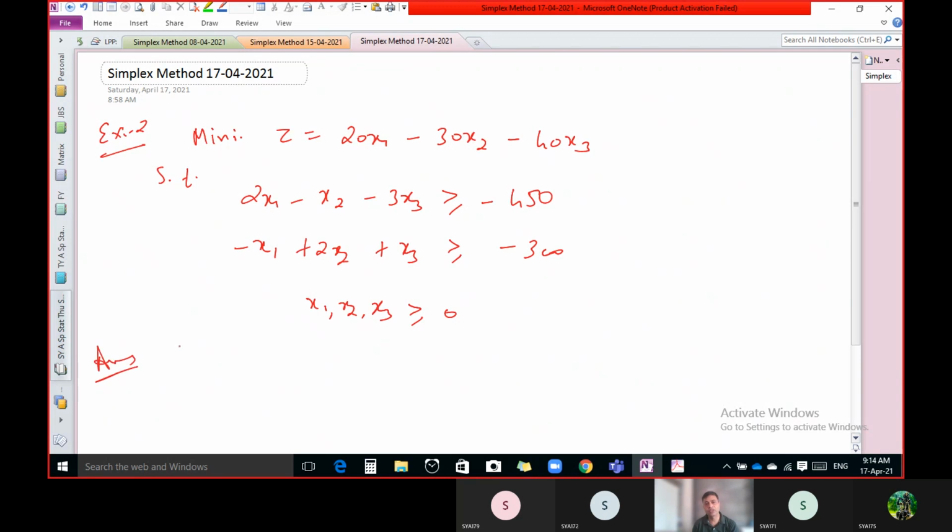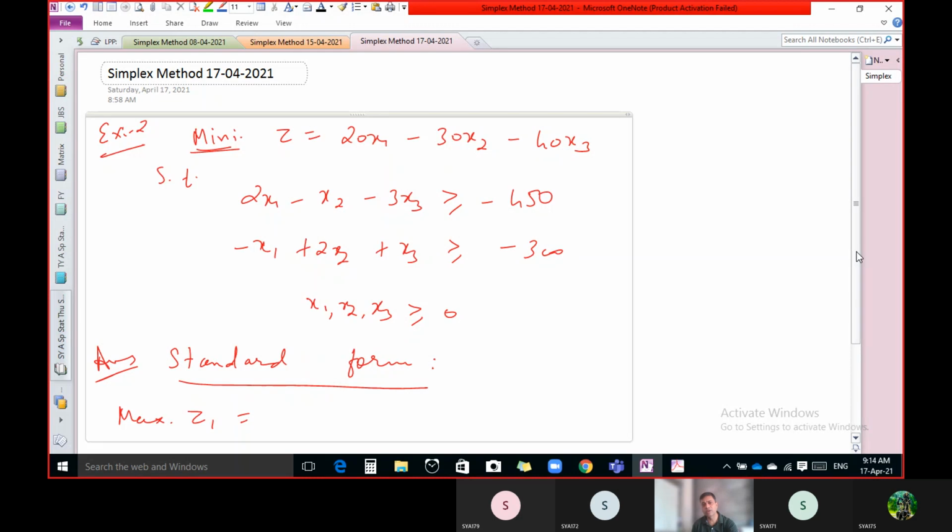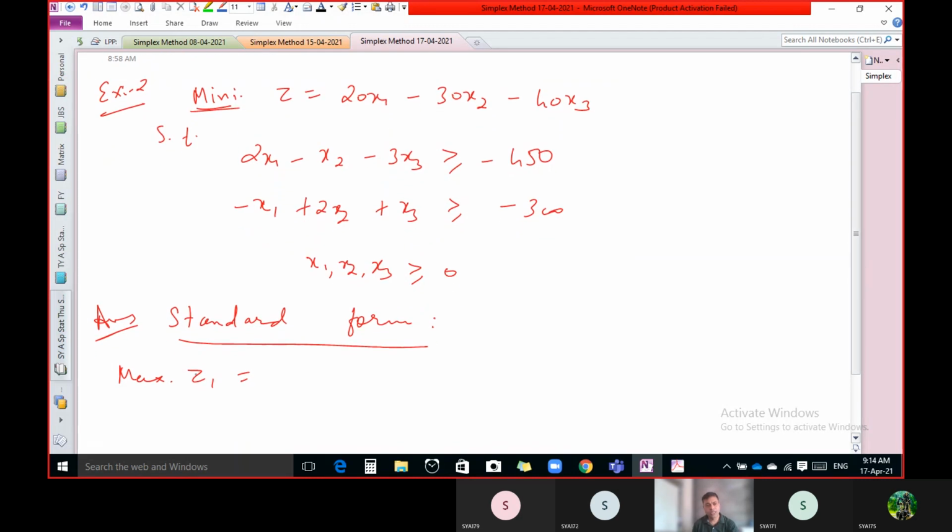Now let us find out the answer to this question. So first step, see your objective function. It is in minimized form. So first step, convert it into maximized form, and that is the first requirement for the standard form. The standard form objective function should be in maximized form. Let us say maximum z1, instead of z, let us write z1, or any other symbol. You can write z star, no problem at all.